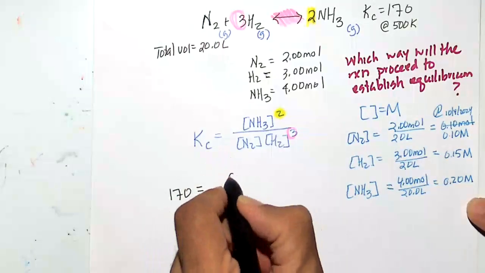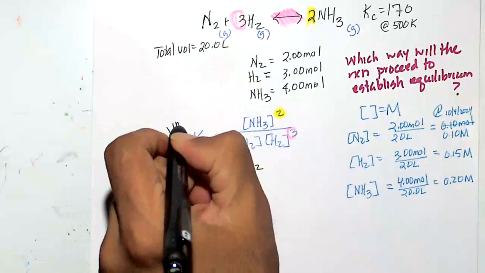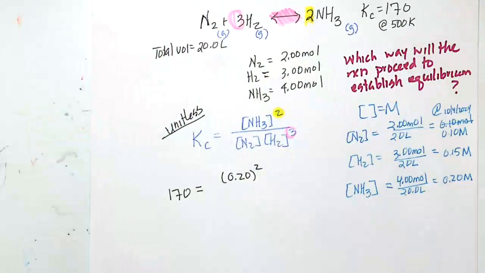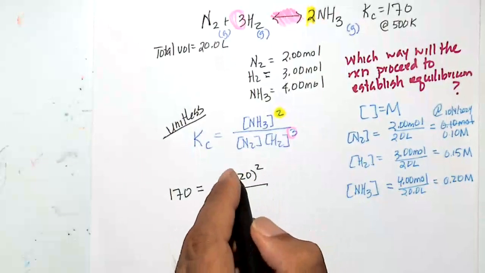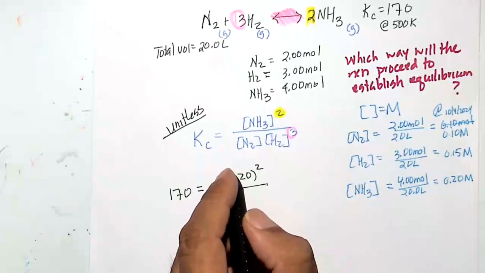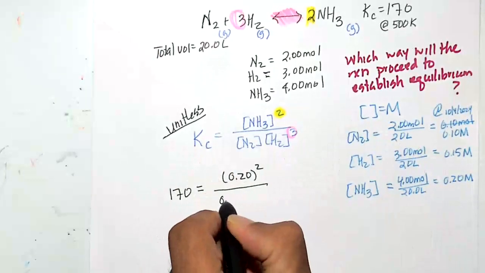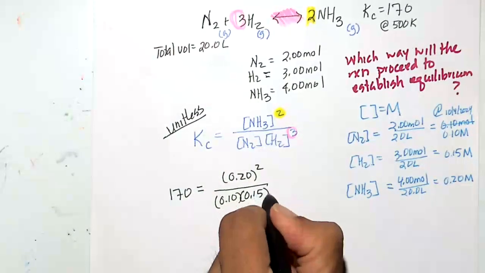NH3 is 0.20 squared. This thing is unitless. The equilibrium constant K will have no units. You don't have to worry a single thing about units for K. Rate constant, different story, lowercase k. N2 is 0.10 and H2 is 0.15 cubed.